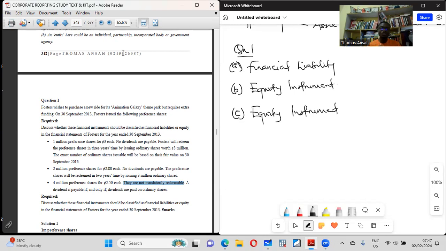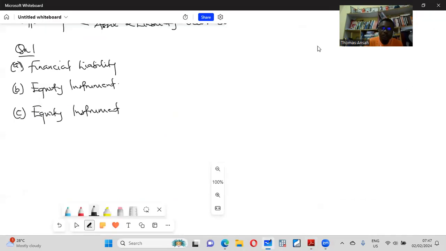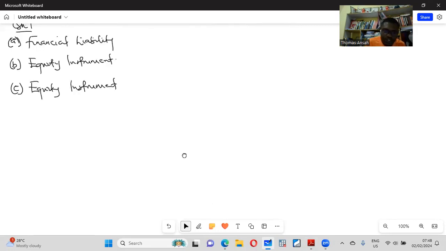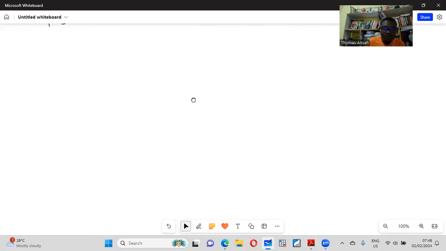So it puts you in an equity instrument situation. So ladies and gentlemen, this is IAS 32, which talks about classification. All right, so that is that. Now let's move on to the second phase of what we want to do.